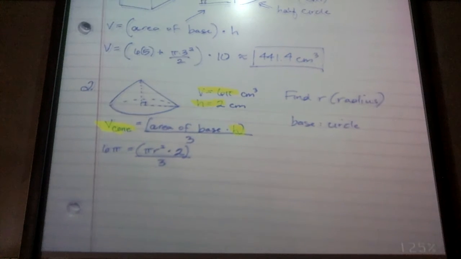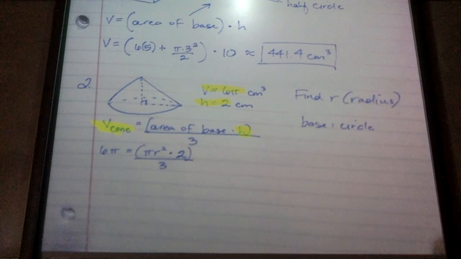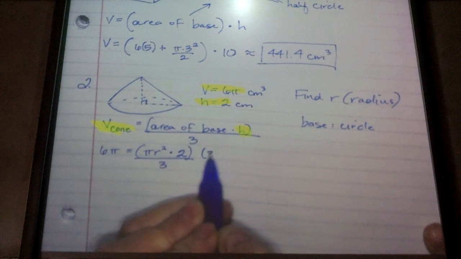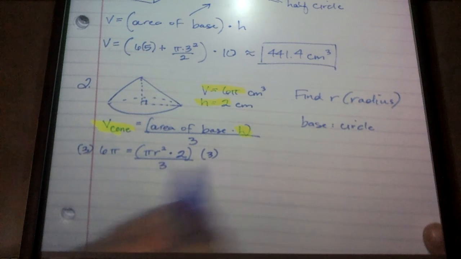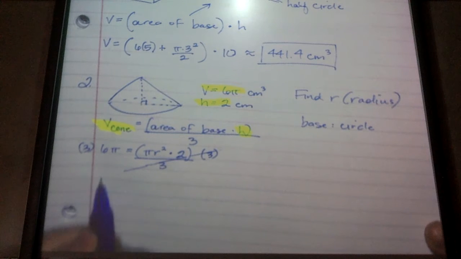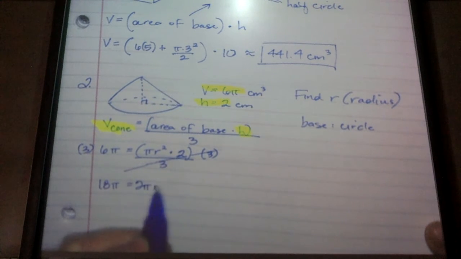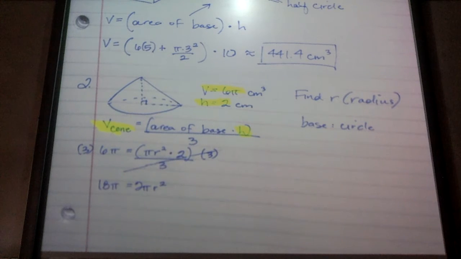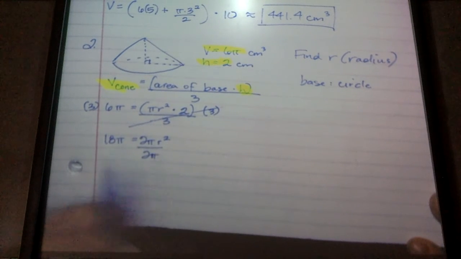I'm going to zoom this in. I'm actually going to cross multiply, but if you're not comfortable with that, multiply both sides by 3. So these will cancel. Now I have 18 pi equals 2 pi r squared. Then I'm going to divide both sides by 2 pi.